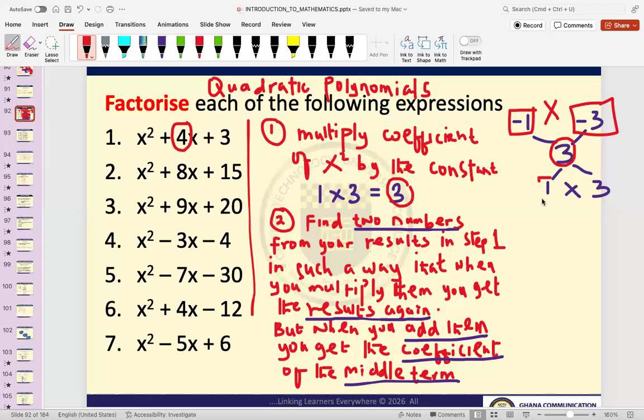But +1 and +3, when you add them together, you get 4. So the two numbers we are looking for in step 2 are 3 and 1.